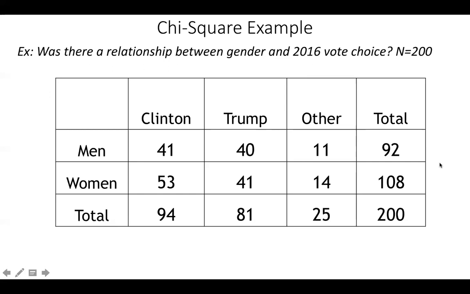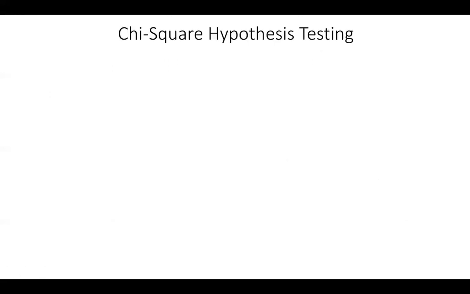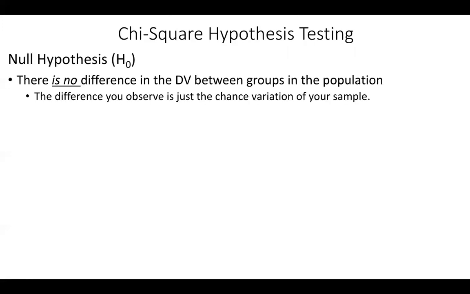And to do this, because we're comparing two nominal variables in a cross-tabulation situation, we're going to be using the chi-square statistic. And the logic of chi-square hypothesis testing is starting with a point of the null hypothesis.